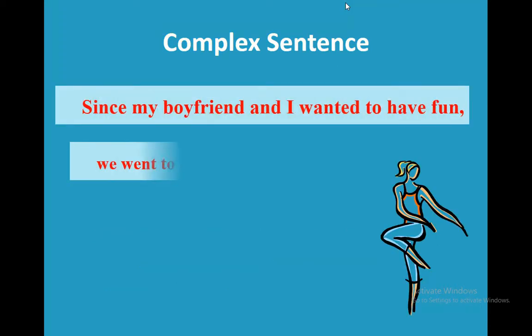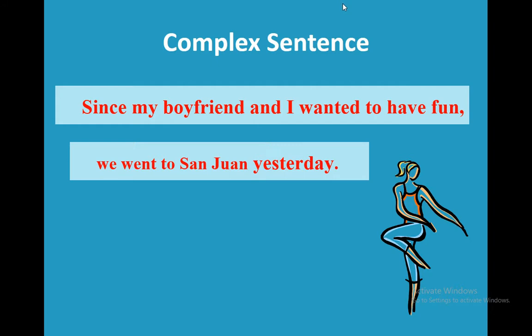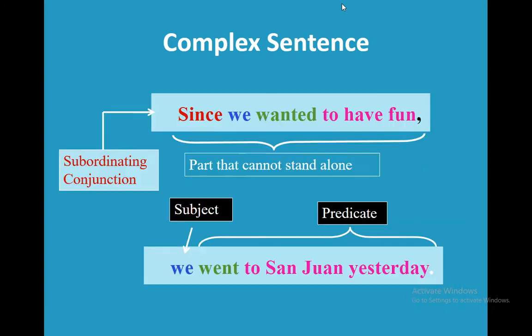Here's an example. Since my boyfriend and I wanted to have fun, we went to San John yesterday. Try to guess which of them is the independent clause and which of them is the dependent clause. The first one actually is the dependent clause because it's connected to a subordinating conjunction.